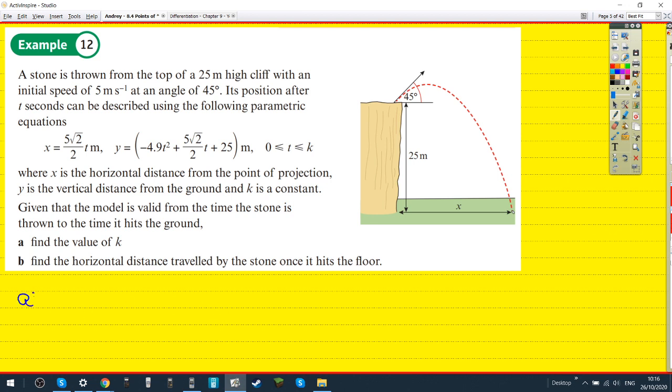Okay, let's try this. Okay, so... okay, do I need to do x over 5 root 2 over 2 equals 2?